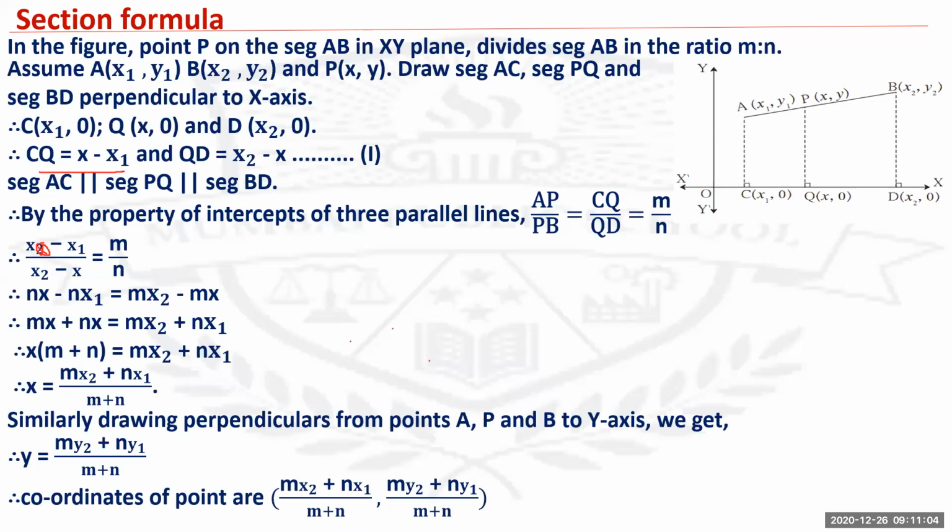Therefore, coordinates of P are mx2 plus nx1 upon m plus n, and y as my2 plus ny1 upon m plus n. Has everybody understood this section formula? We'll move ahead to the next topic.